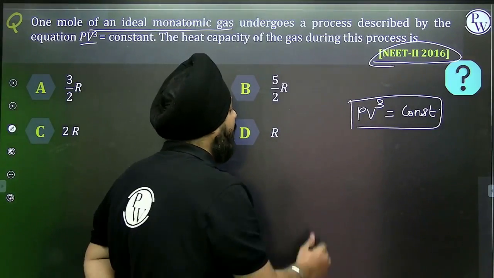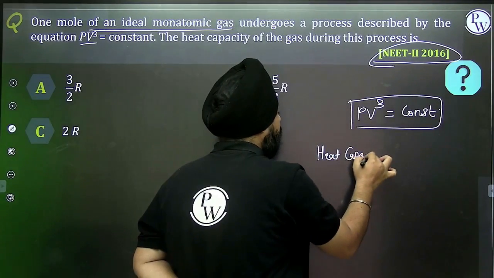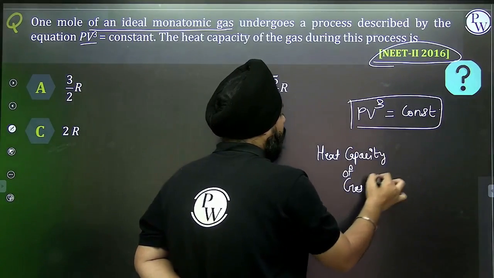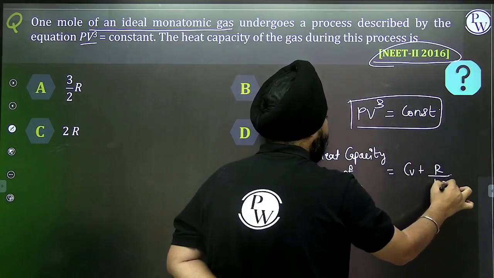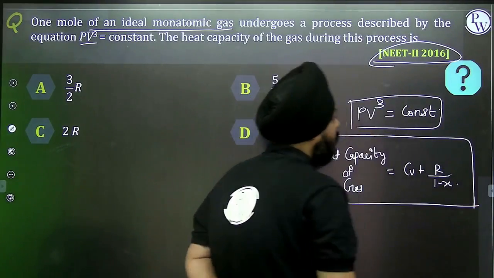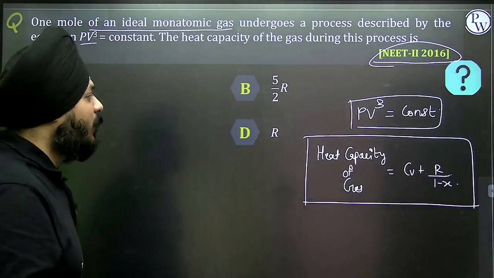We have a direct formula for the heat capacity of a gas. If you want to calculate the heat capacity of a gas, it is Cv plus R whole divided by 1 minus x. This is a direct formula. In many resources the derivation of this is given, but we are not interested in that right now.